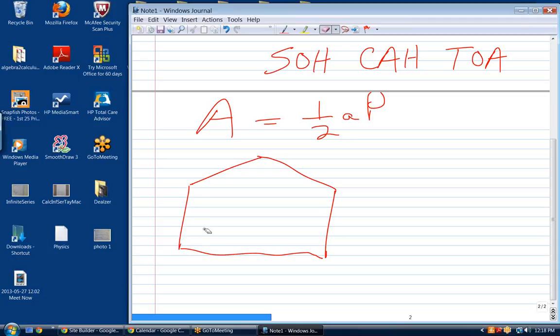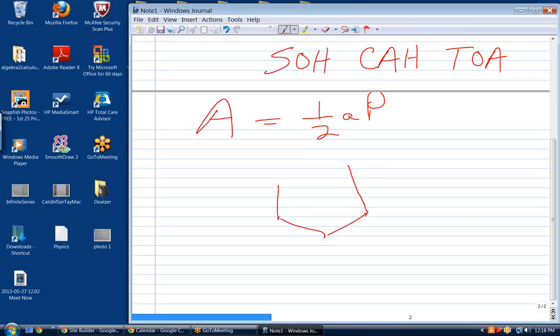Regular polygons have the same angle throughout. Let me see if I can do a better job of drawing it. I just don't do well with regular pentagons. They're really hard to draw.